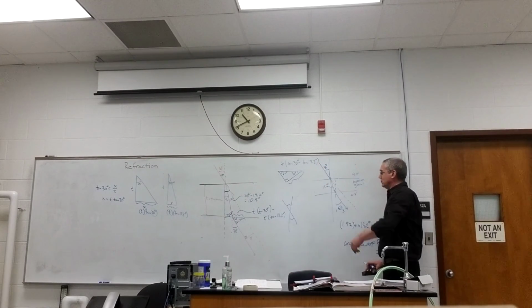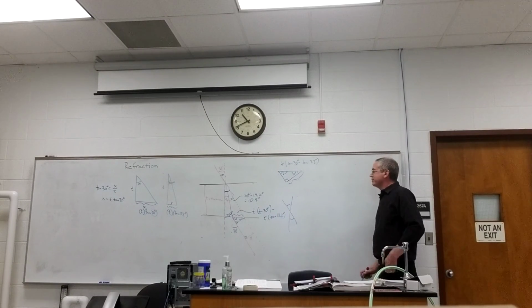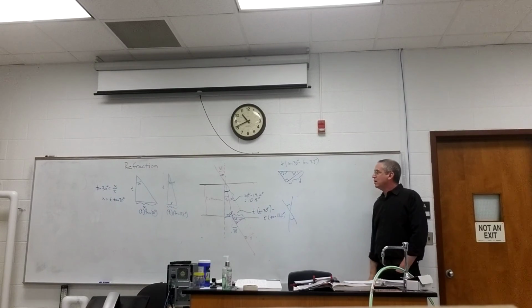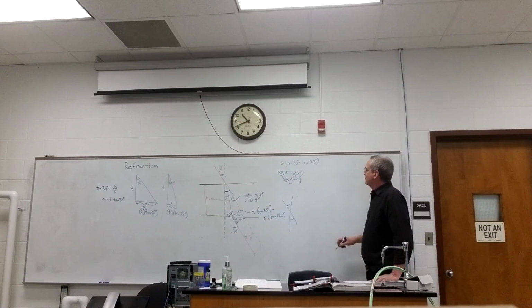So given this right triangle, what is what I've labeled as D? Would be t times your tangent of 90 degrees? Tangent of 90 degrees is undefined or infinite, depending on how you want to look at it. So it's not that.